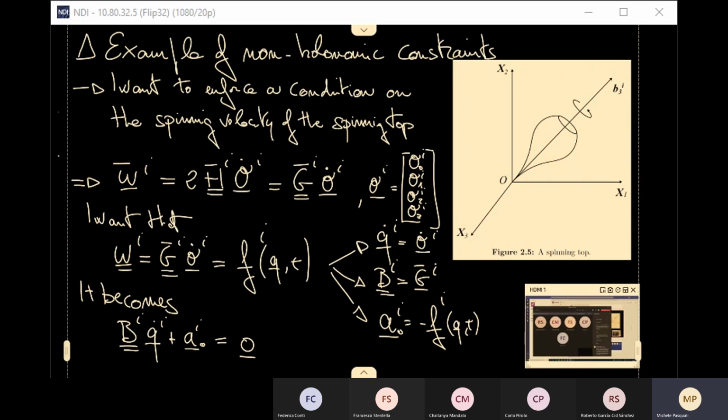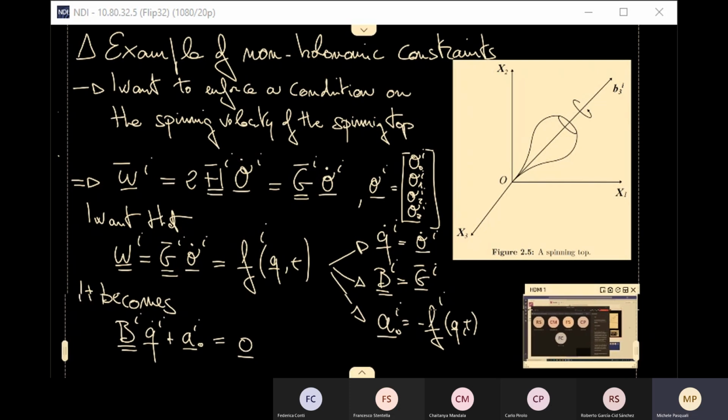While with non-holonomic constraints, typically I enforce conditions on the velocities. So in one case, I impose a condition on the actual values of the variables q, while with non-holonomic ones, I impose a condition on the variation over time. Is it the same?